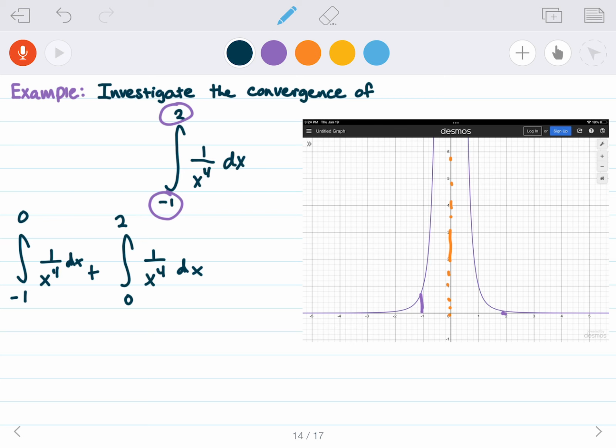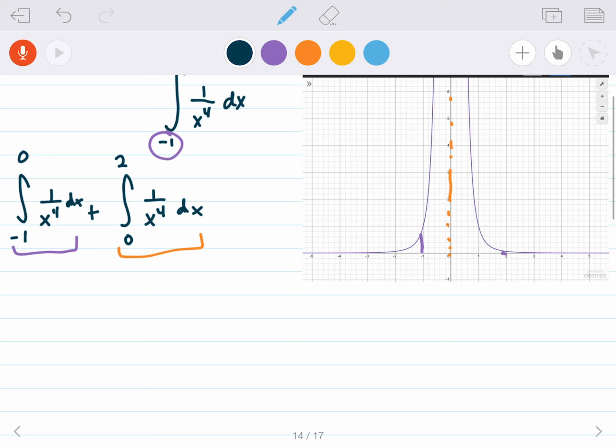So what I want to do is turn both of these into limits, right? So here I'm replacing that guy with b because it's the upper limit. So this is going to be the limit as b approaches 0. And I'm approaching 0 from the left here, right?